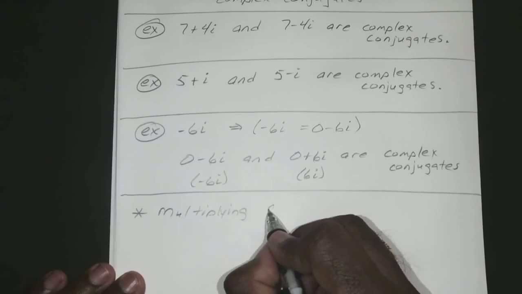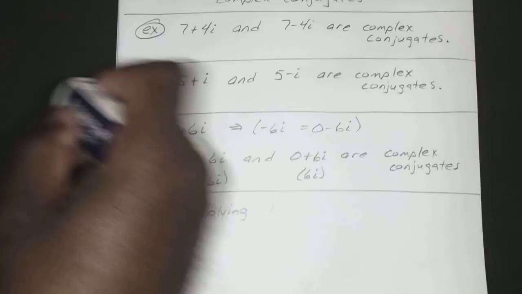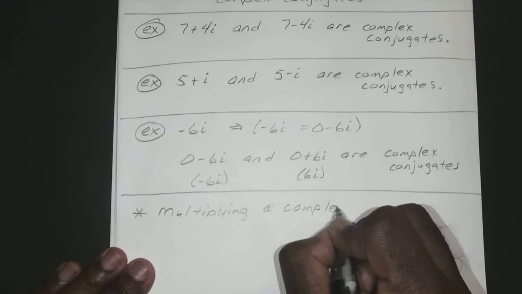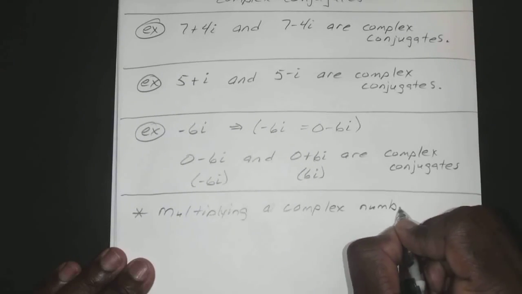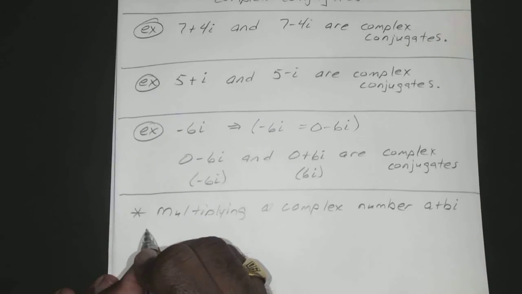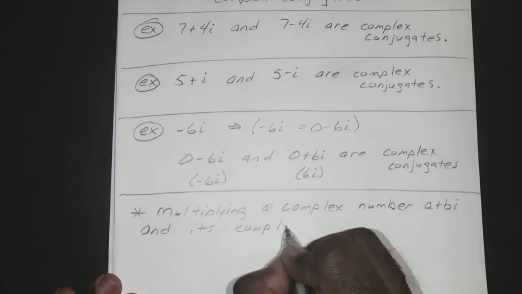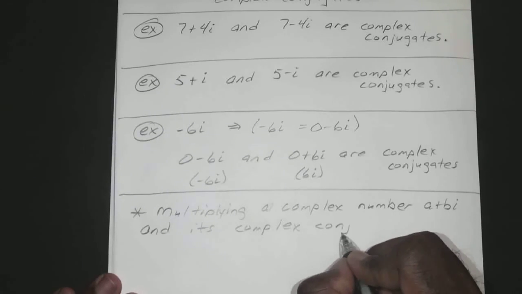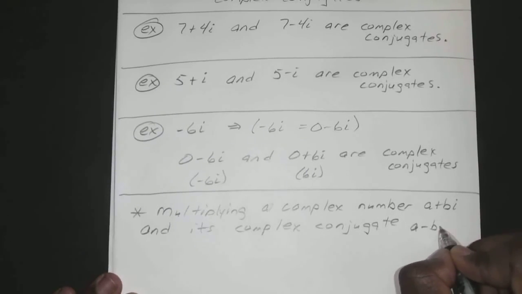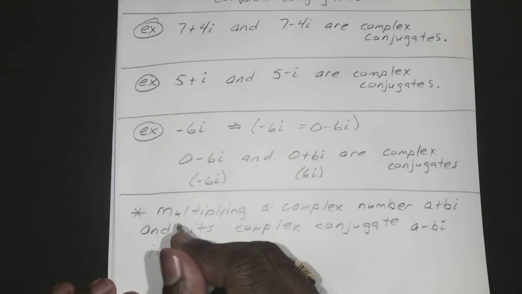Multiplying a complex number: if we have a plus bi and its complex conjugate, which is a minus bi, they actually give you a real number.